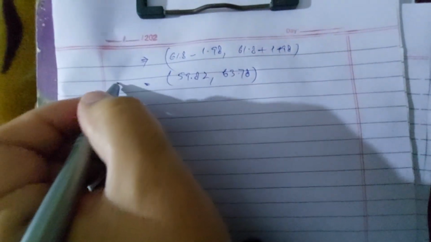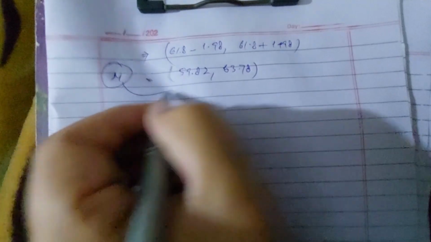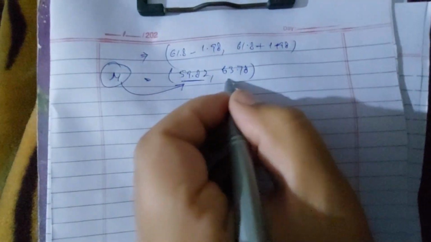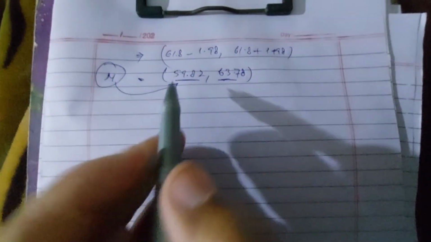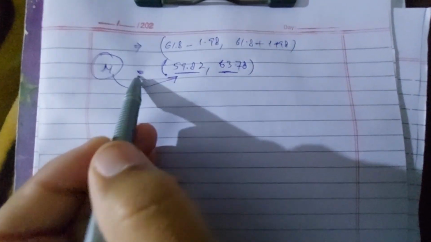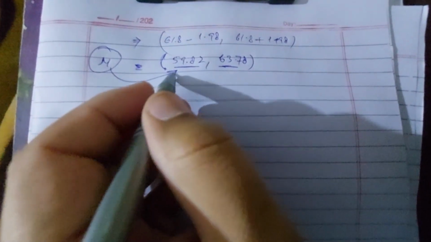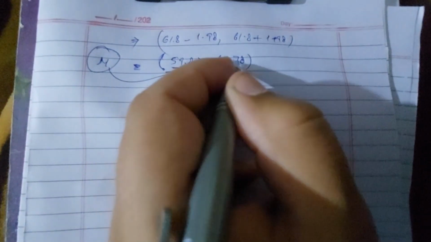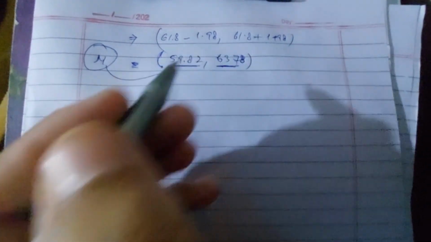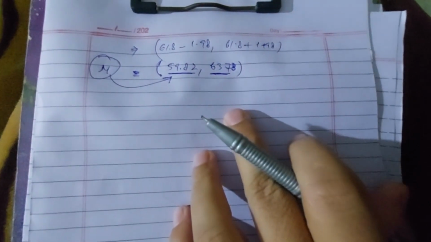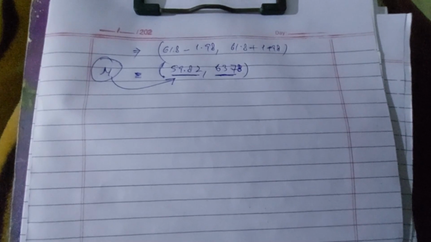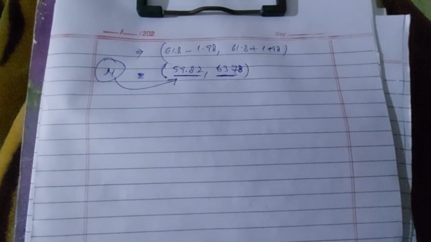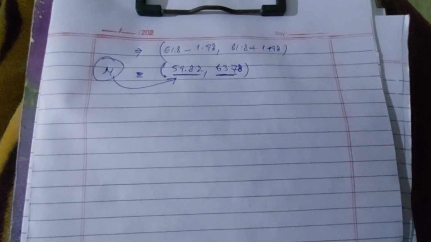So the mean of the population mu lies between 59.82 and 63.78. So the 6th graders will score an average between 59.82 and 63.78. This will be the average score for the population of these 6th graders. So this is questions number 20 and 21 being solved.